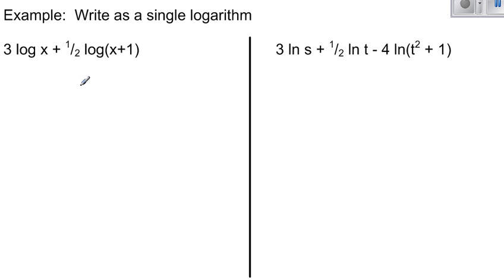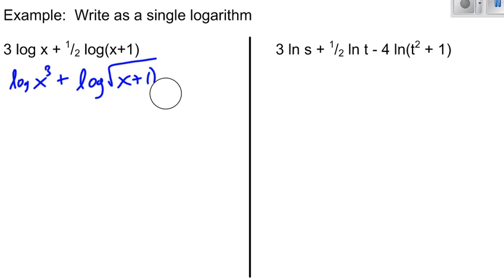Now we're going to take more complicated logs and just combine them. So we're going to work these backwards, kind of, and numbers in front become powers. So this would become log x to the 3rd plus log of x plus 1 to the 1/2, which is really just saying square root.